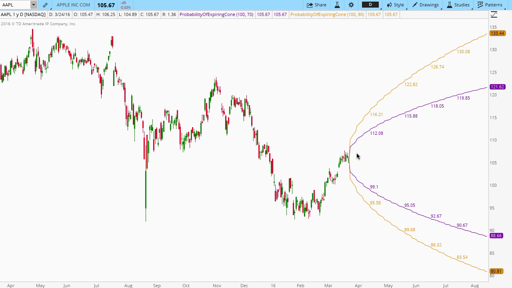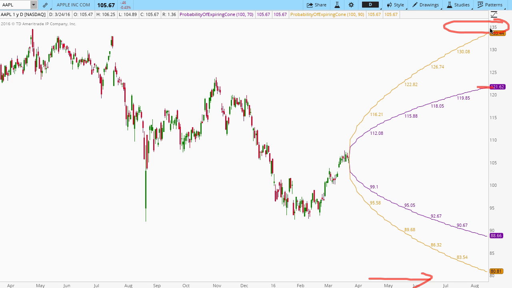So the assumption is that 70% of the time in the future, as we go out towards these certain dates, Apple should move somewhere in this range. Now you can see that there's probably a very low likelihood that at least in the next 6 months, Apple gets to around 135, right? Because the 70% highest likelihood range is about 121 that Apple gets to by August, okay?